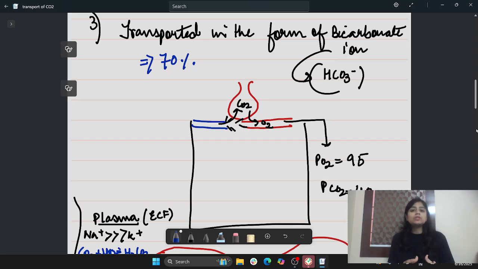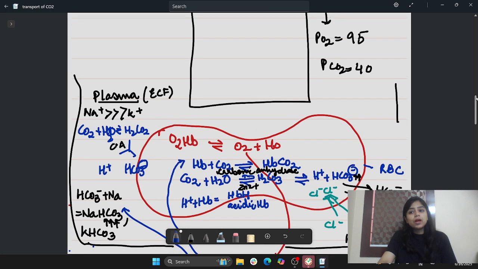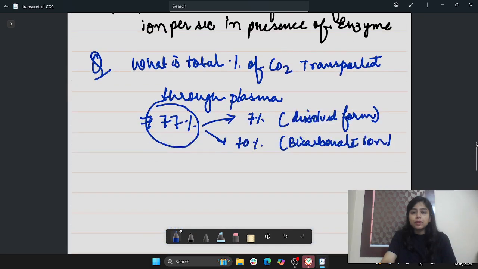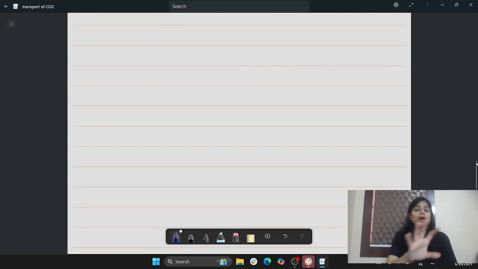So whenever chapters are linked to each other, it's important to understand each and every line of the NCERT. This is how we are going to end the topic of discussion today. And I hope you have got it cleared, how the transportation of carbon dioxide takes place.